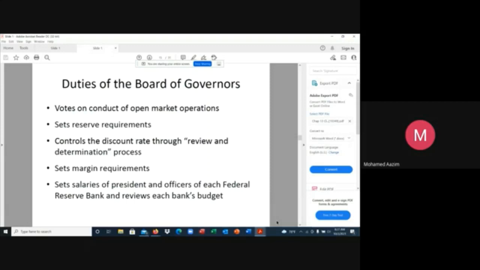Similarly, the margin requirements. You have to have a certain amount of deposits as margins when you access certain financial instruments, financial assets. The board of governors define these things. They can relax these, they can increase these, they can completely take away the margins.